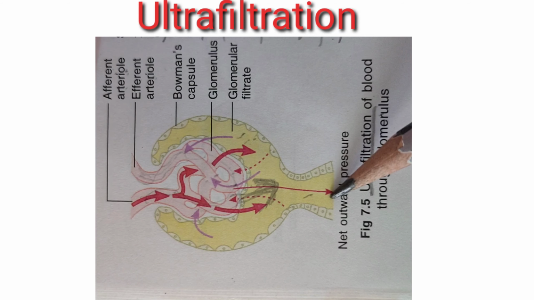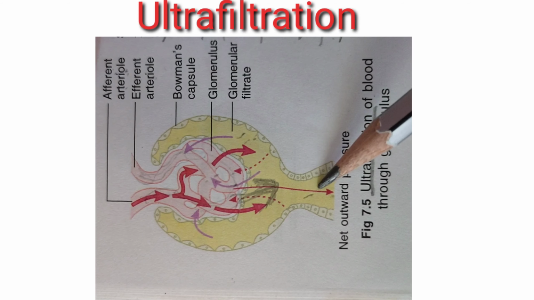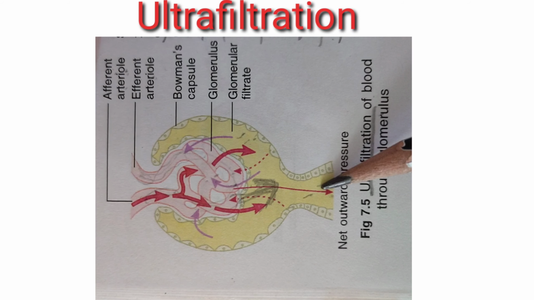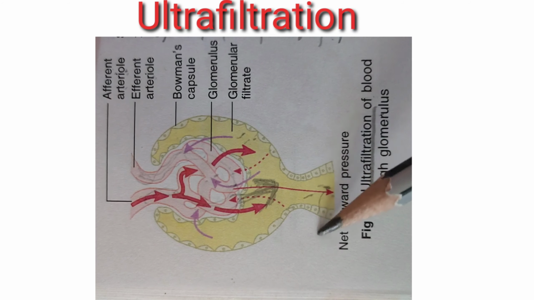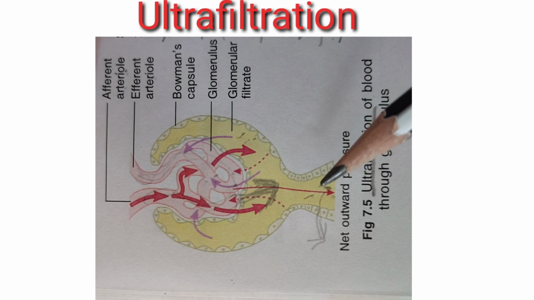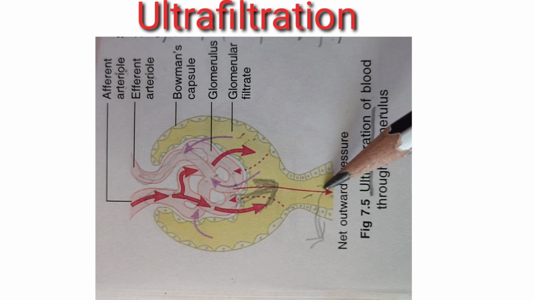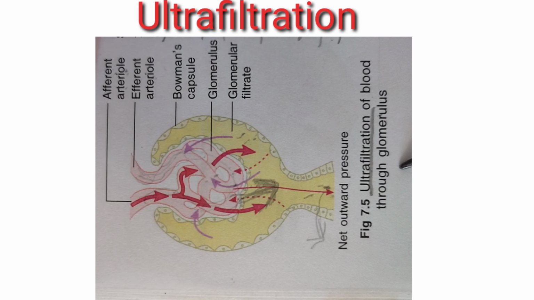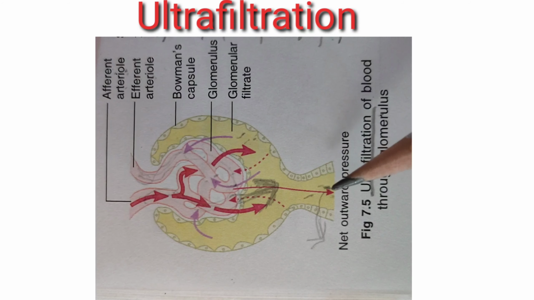But as you can see, in the substances which have entered the proximal convoluted tubule, there are certain substances which are needed by our body, such as glucose, some of the inorganic salts, vitamins. So they have to be reabsorbed back into the blood, or else that is going to be harmful for our body. So the next step is your selective reabsorption, where the reabsorption of the essential materials by the blood takes place.